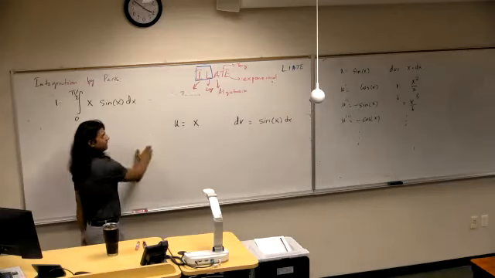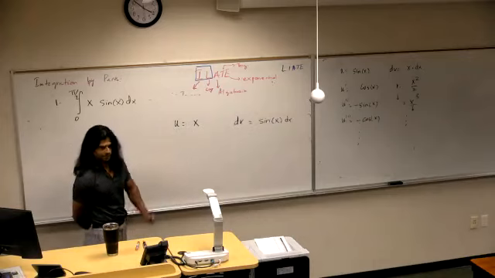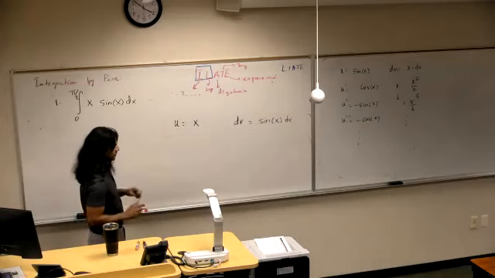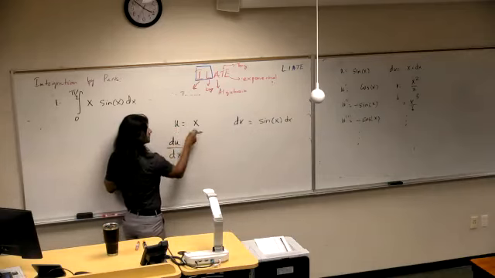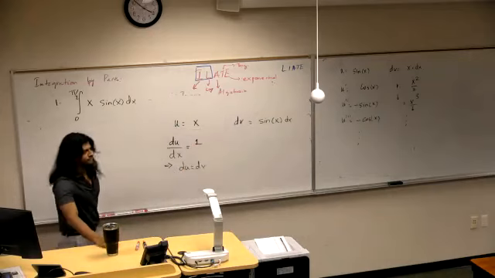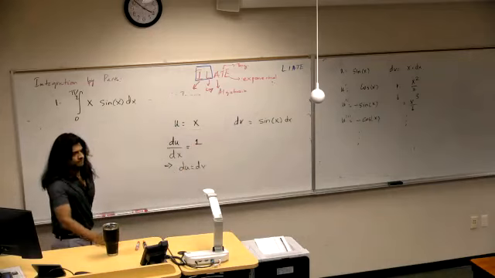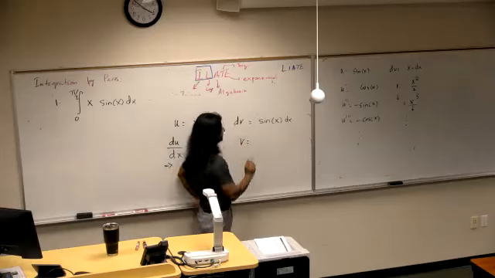Okay, this is in alignment with ILATE, so it works. Now we've got to find the derivative. du over dx is, what is the derivative of x? 1, which would imply du is just dx. Good. The other part, v, you have to integrate.